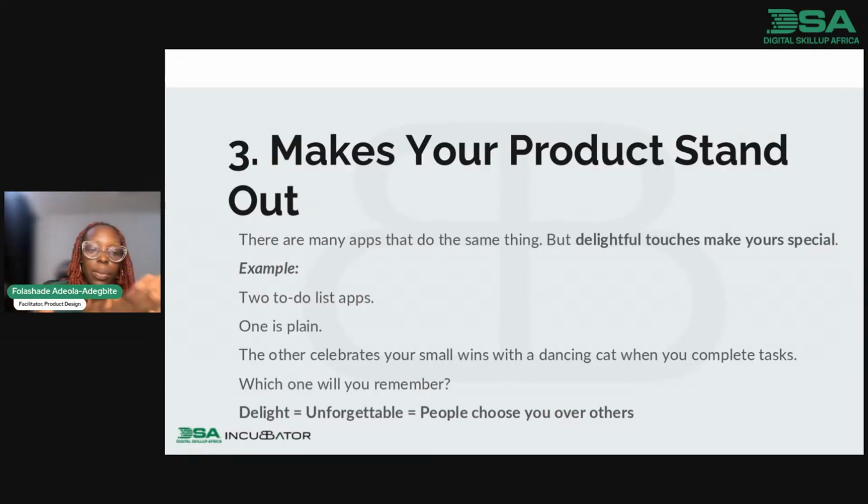One is plain, and the other one celebrates your small wins with maybe a dancing card when you complete a task. Please, which one will you remember? All right. So delightful equals unforgettable.